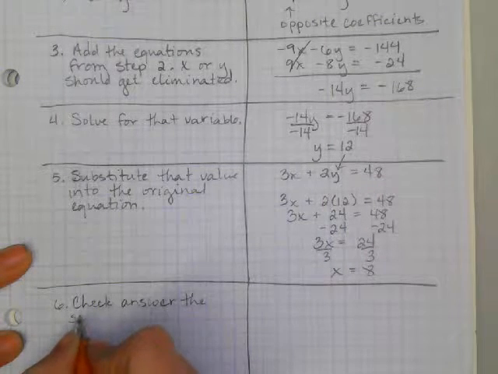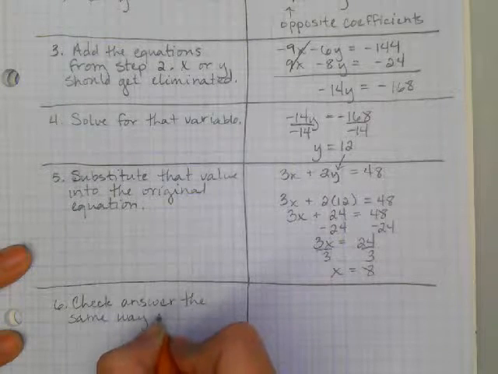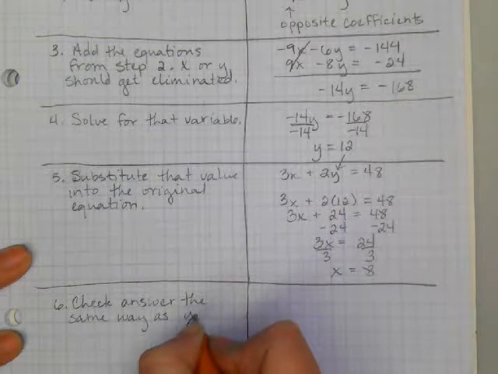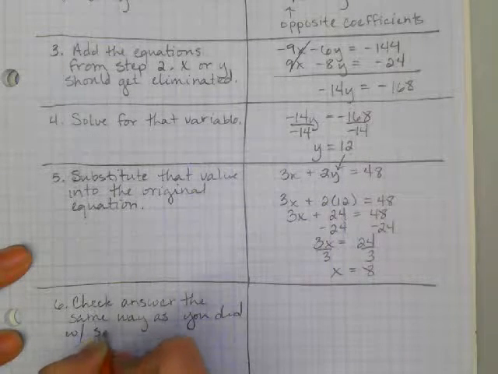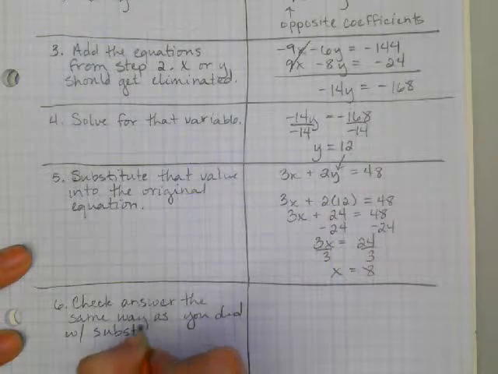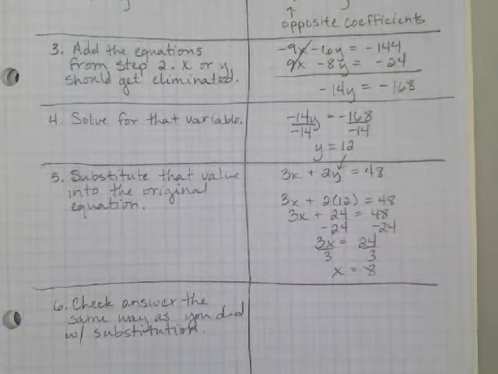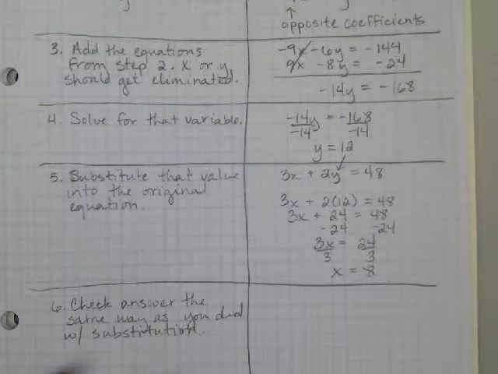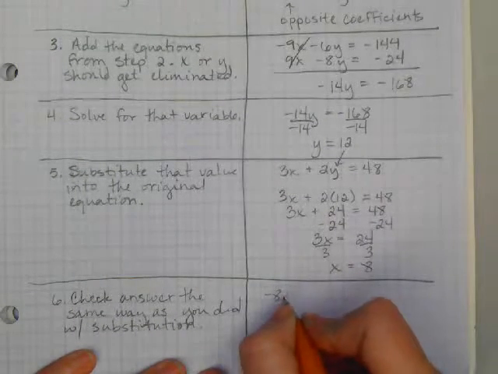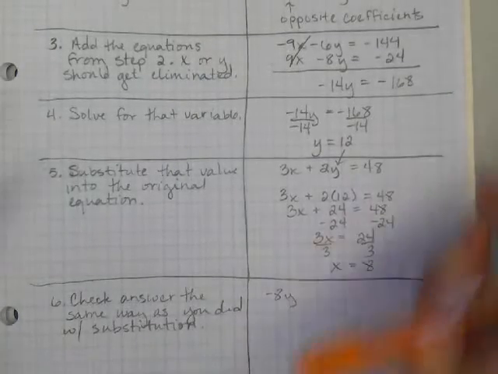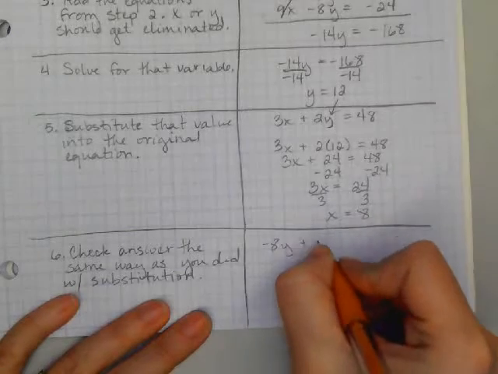Negative 8 times 12 is negative 96, plus 72, and that gives me negative 24. So I know I've done this problem correctly. So my point of intersection is going to be the point 8, 12. And that is it for solving systems using elimination.